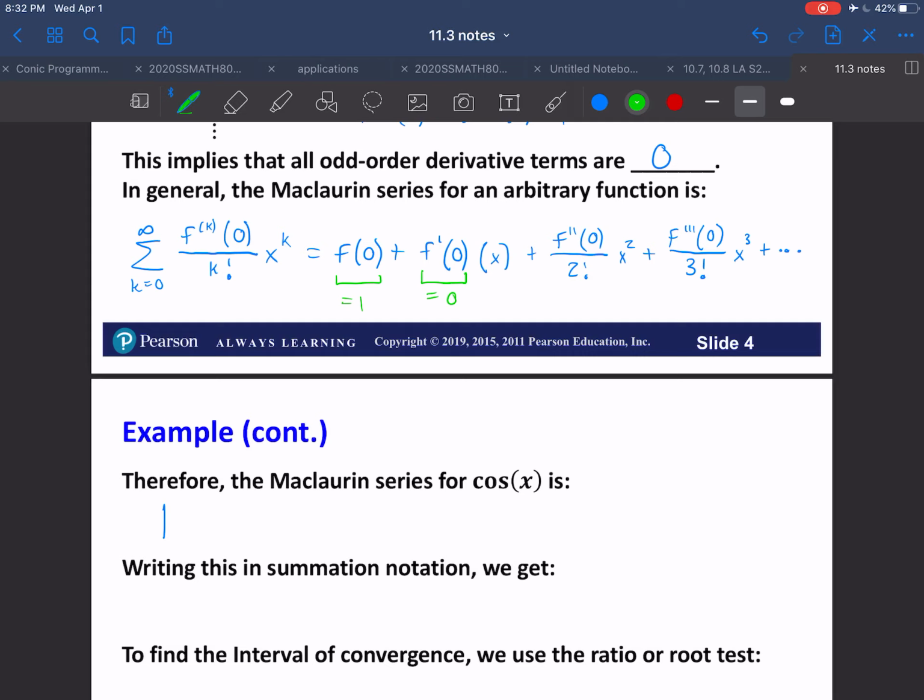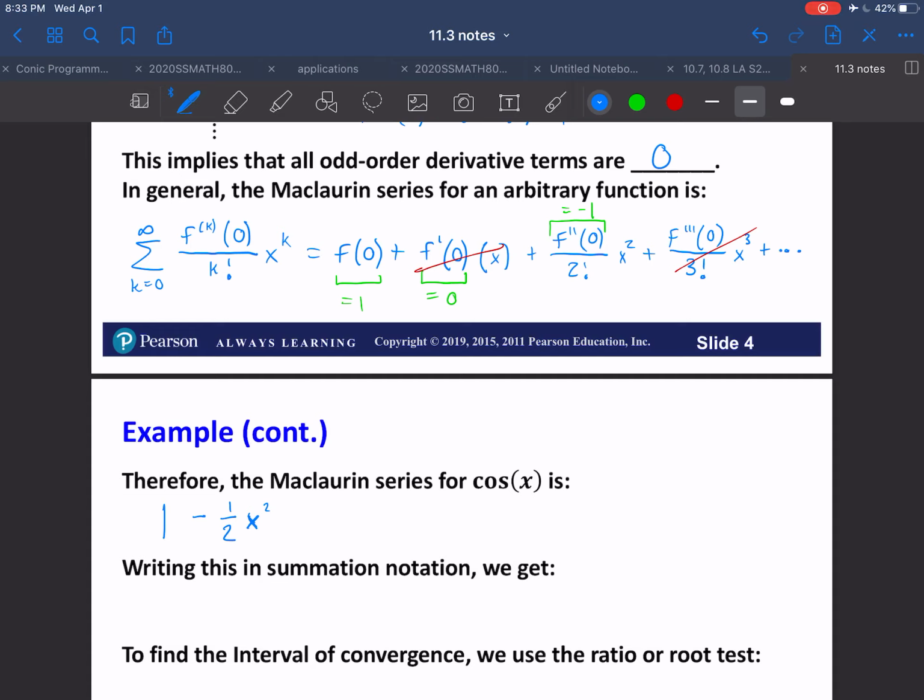And so we would just get rid of this whole term. Similarly, this third derivative term was 0, and so we get rid of that one. This f double prime of 0 was equal to negative 1, and so what we have is minus 1/2 x squared.